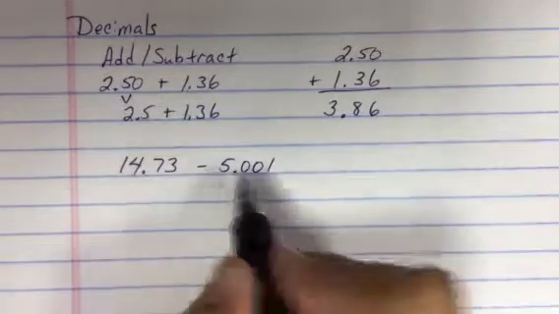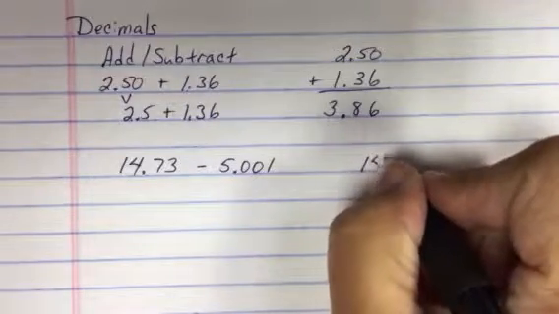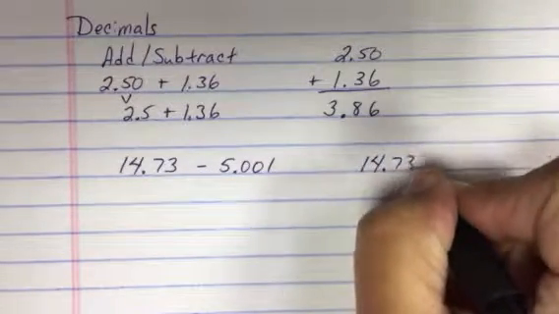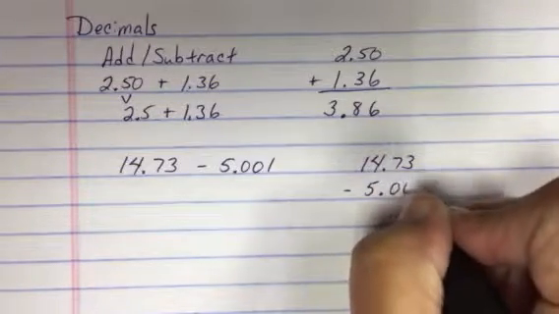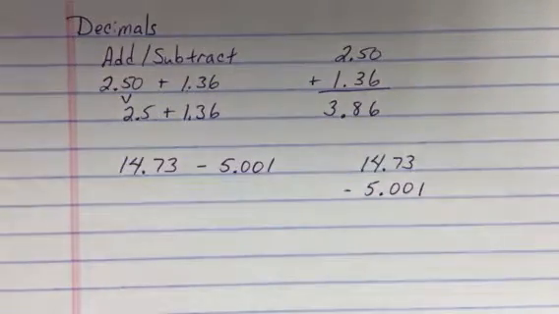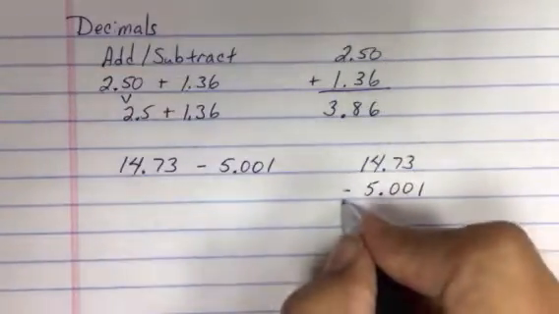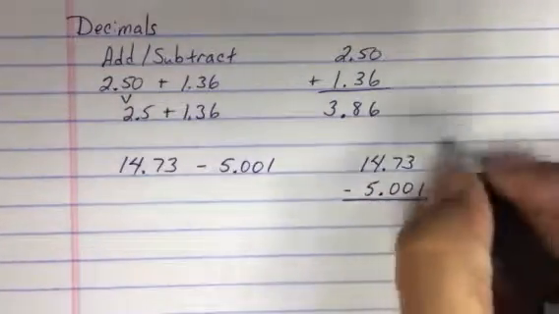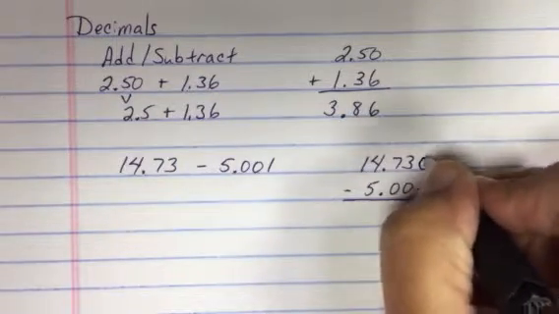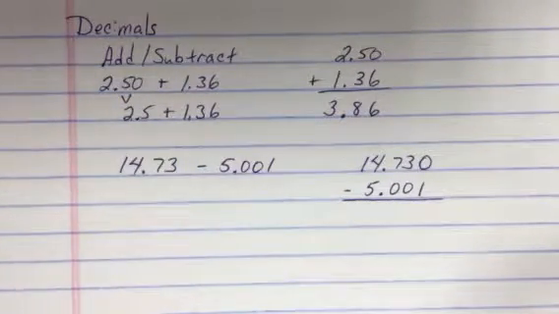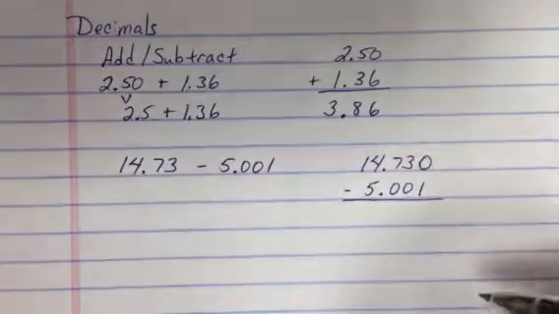Well, again, lining up off the decimal, rewrite vertically. In this case, you notice the placeholder isn't already there, so I'm going to backfill because this has more decimal places than this one, so I backfill with a 0 or placeholder. And now we subtract.